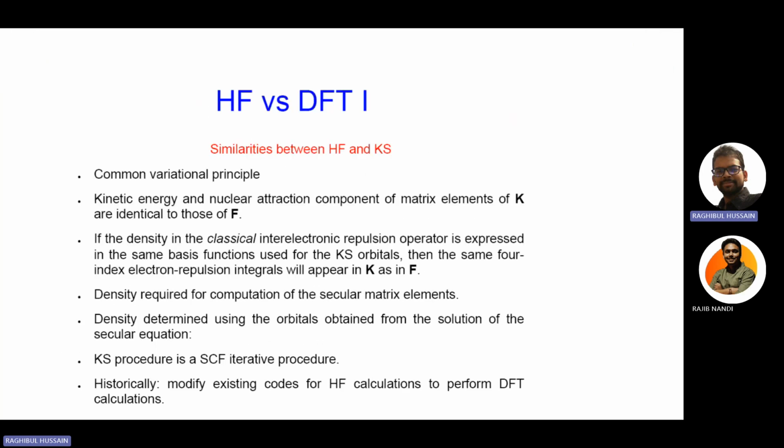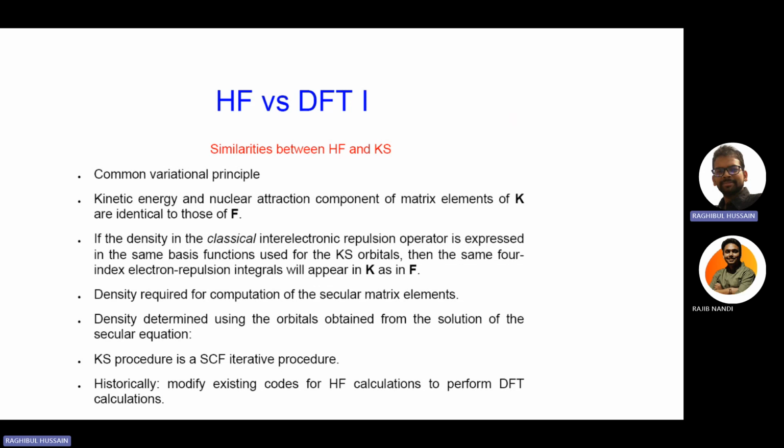So what is the similarity between Hartree-Fock and Kohn-Sham, and what is the difference? We'll go part by part. It will give a very good understanding. So both follow the Pauli principle. Why am I telling you this? I have to satisfy that the density we are going to use is not violating any norm of the wave function theory. It is going parallel with the wave function theory.